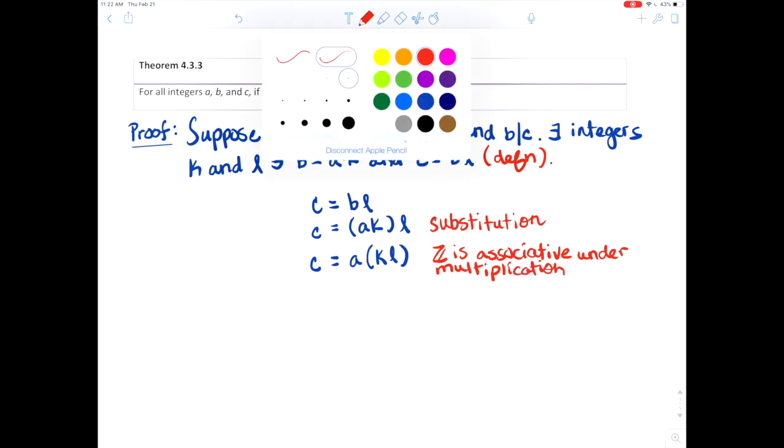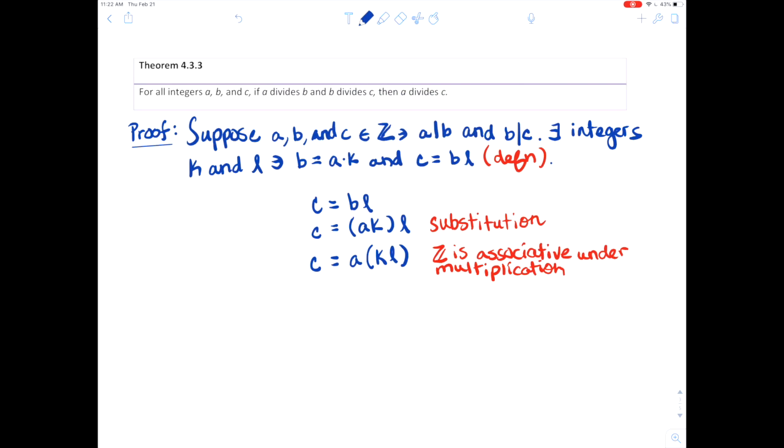All right, well, let's see what we have. What else do we know about the set of integers? We know that k times l is an integer, since the set of integers is closed under multiplication.